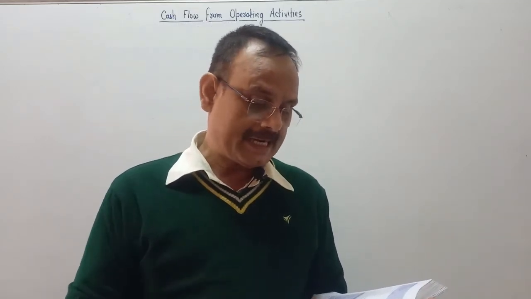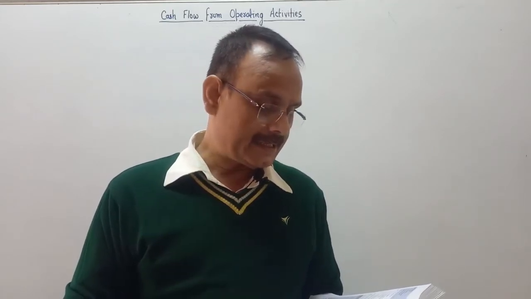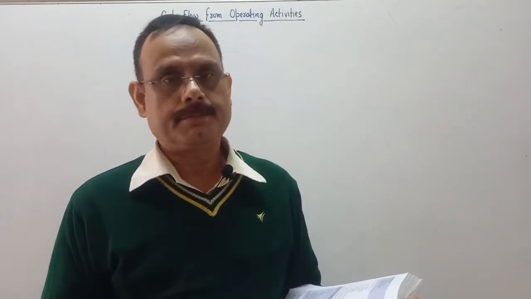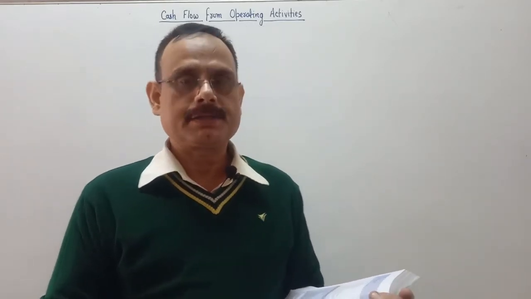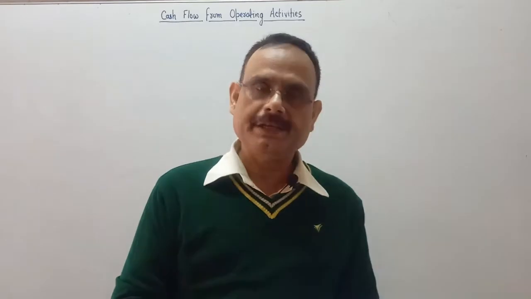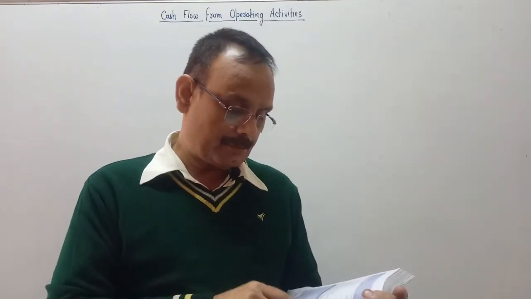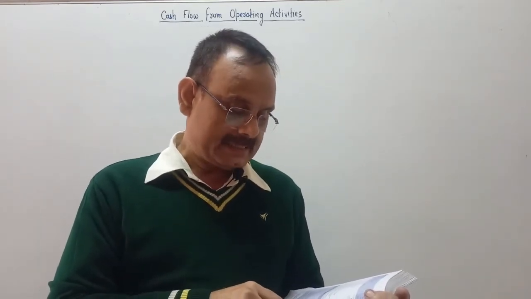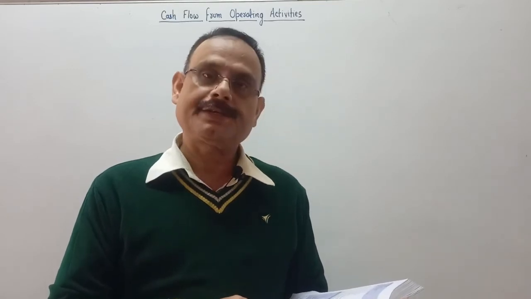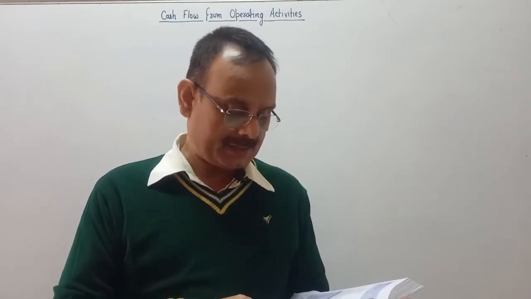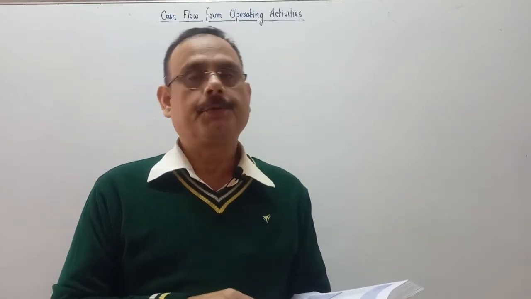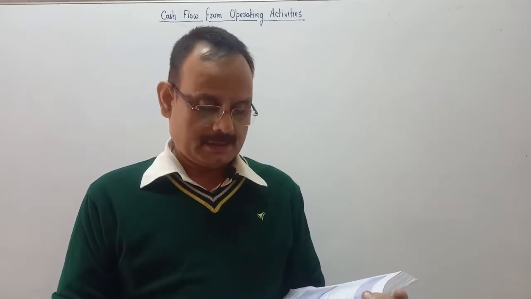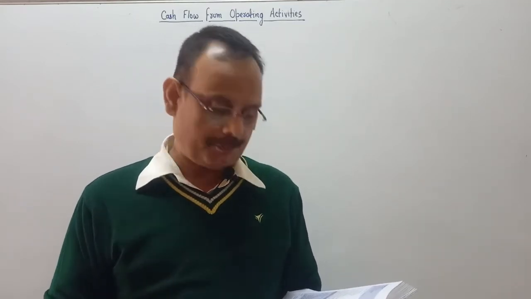Following is the statement of profit and loss of Z Limited for the year ended 31st March 2018. In this statement, revenue from operation is given, expenses: purchase, change in inventories, depreciation and amortization and other expense, thereafter the total expense, and then profit before tax, 1 minus 2. That is 8,000 is the profit before tax.